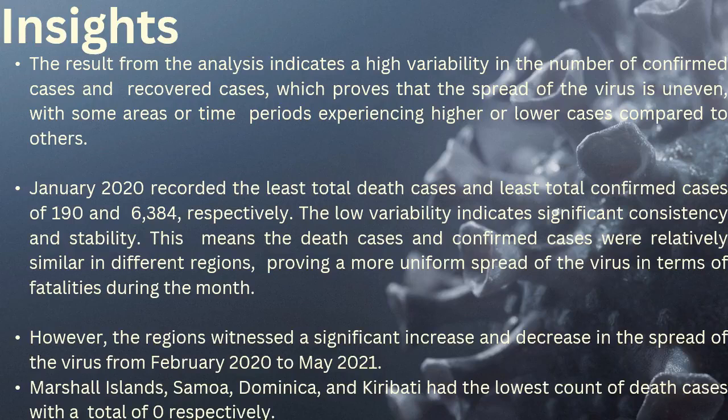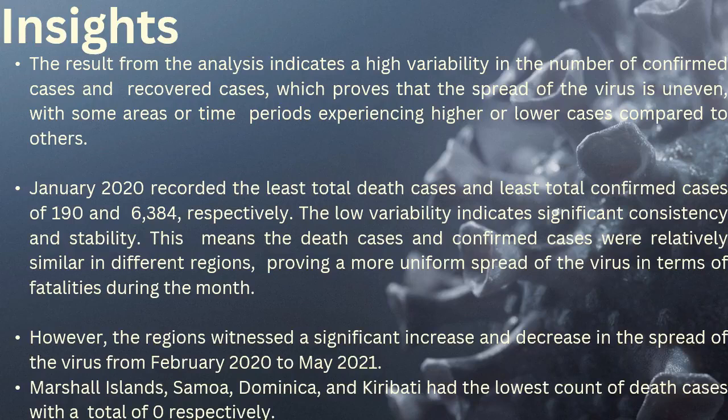Now, in January 2020, we also recorded least count of deaths and confirmed cases, which were 190 and 6,384 respectively. These low values indicate the significant consistency and stability of the virus, and this also shows that during the starting of January 2020, government realized that the virus was something serious, so they needed to take precautions against it so that less number of people can get infected as well as more number of people can get recovered.